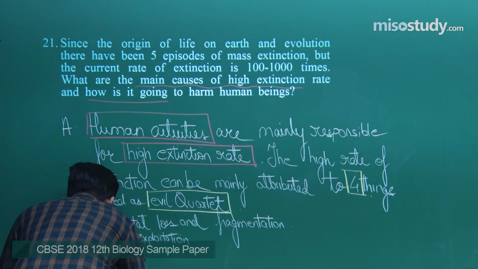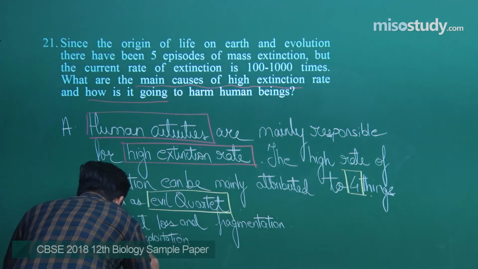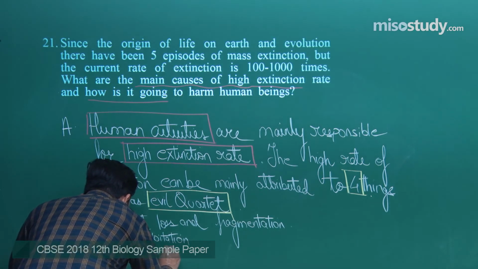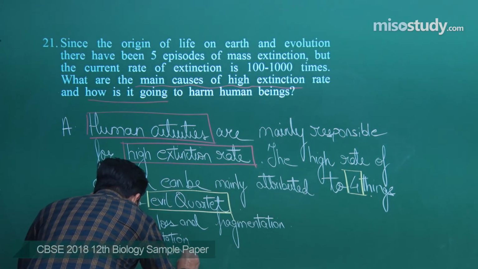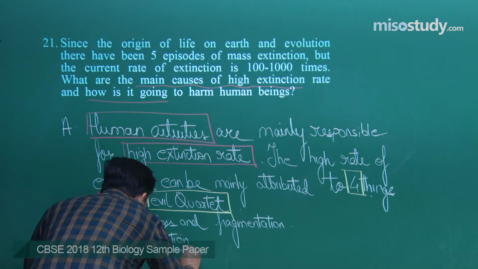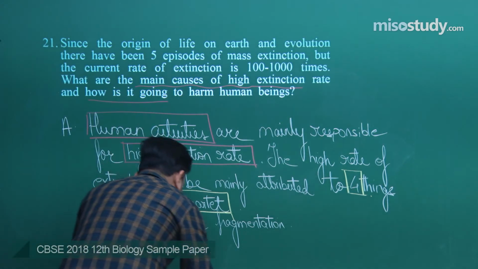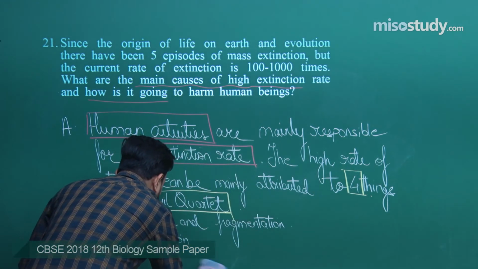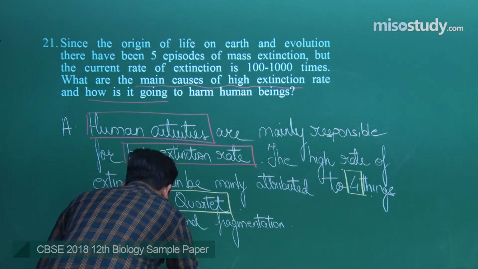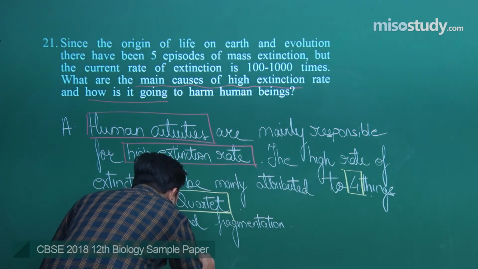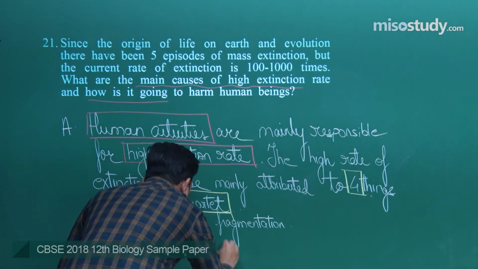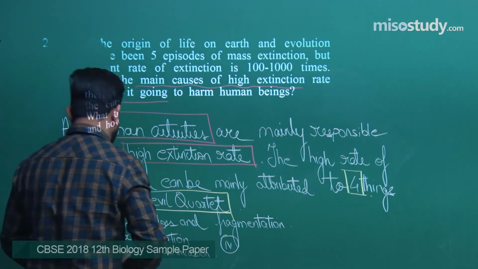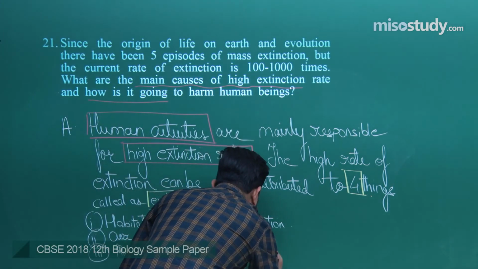Okay, alien species invasion. Alien species invasion. And the fourth one we can write as what? Co-extinction.